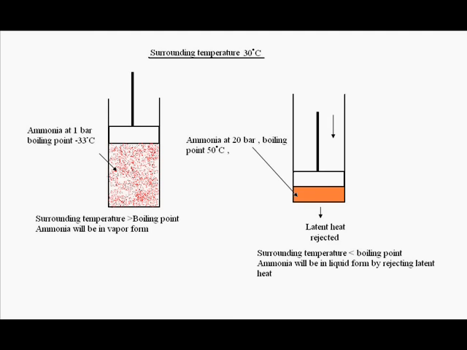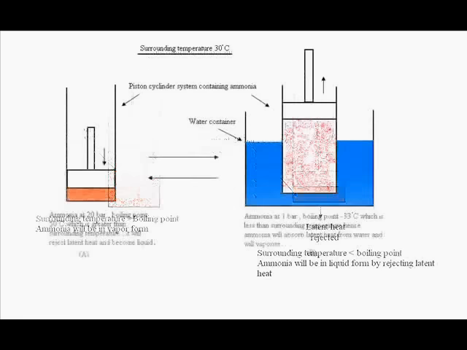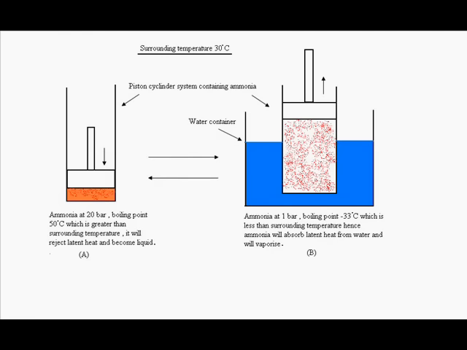Now let's do an experiment. We can see in diagram A there is a piston cylinder system in which there is ammonia at 20 bar. We know that at 20 bar the boiling point is 50 degree centigrade. Suppose the surrounding temperature is 30 degree centigrade, so ammonia inside the piston cylinder system will be in liquid form.